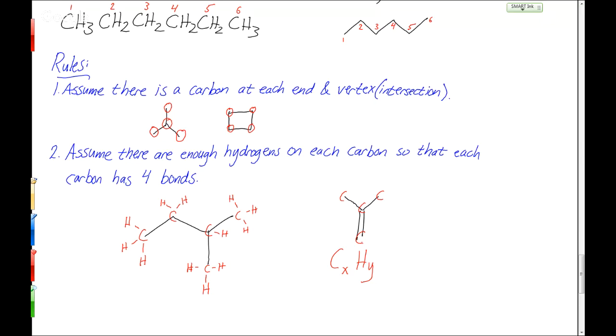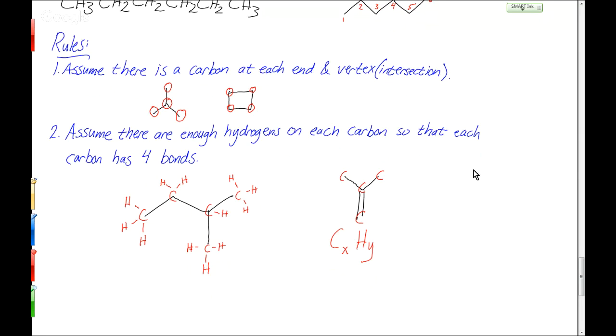Oh, so the double bond would have 2 C's? Yeah, that's a possibility. But in this case, we have a double bond going between 2 carbons. We haven't really seen those yet, so that's a totally reasonable way to have written that. But now you know that just means there's 1 carbon there. If those lines were spread out more, then we'd call it 2 different carbons.